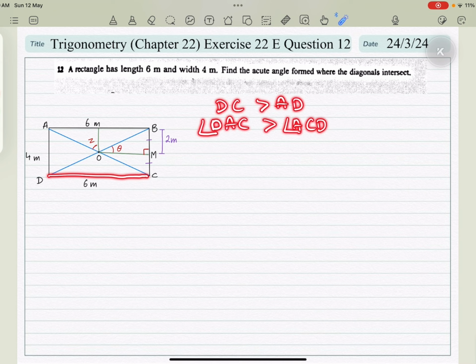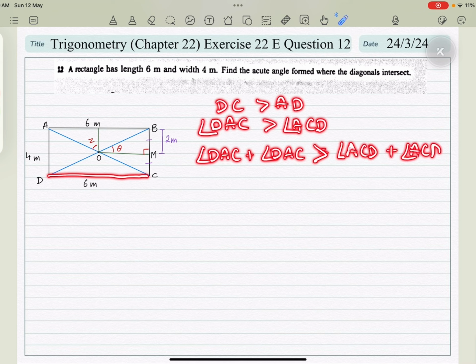Once you know that, you can just multiply it by 2 to get DAC plus DAC is greater than ACD plus ACD. Now you can interchange all of these positions.